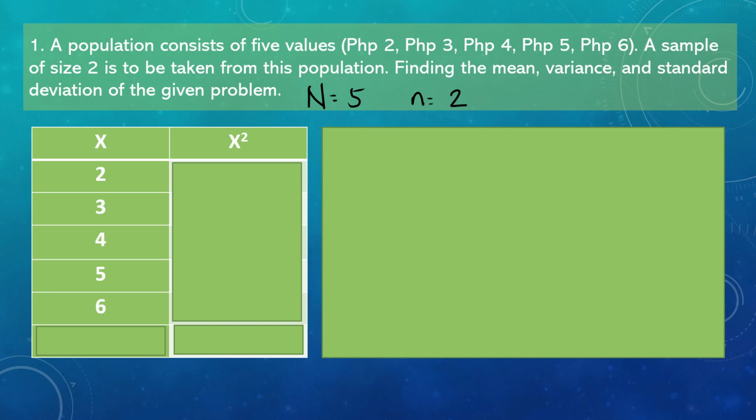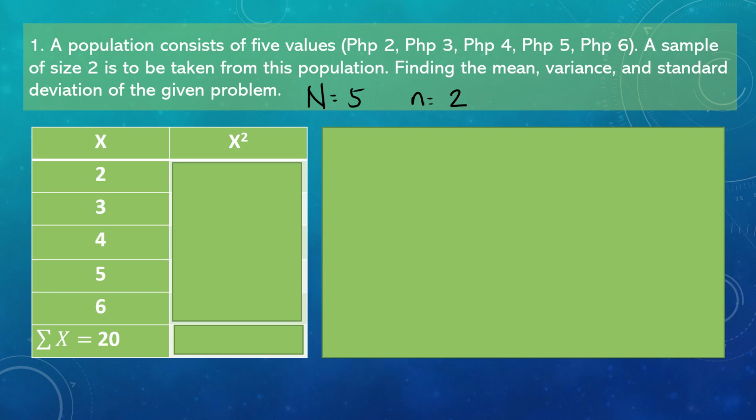So we have x, which are 2, 3, 4, 5, and 6 pesos. First, find the summation of x. We add 2, 3, 4, 5, and 6, and the answer is 20. So the summation of x is equal to 20.